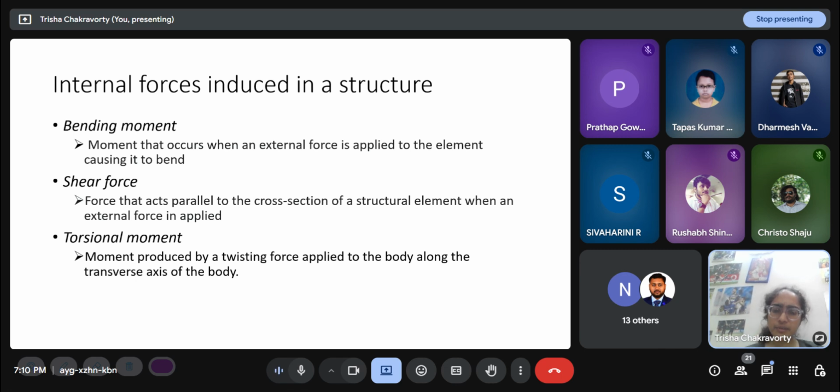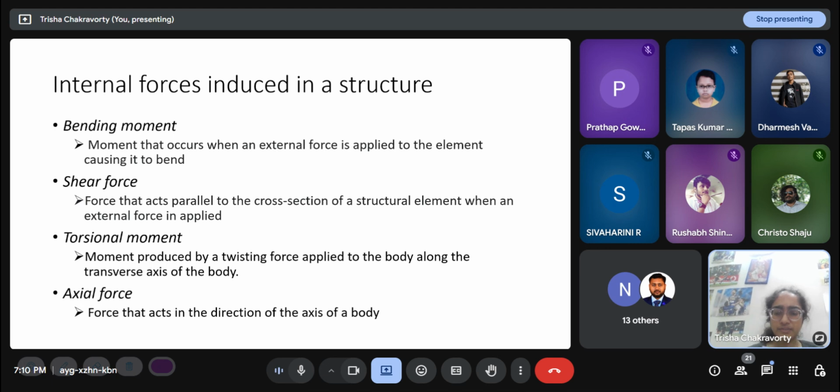Torsional moment is the moment produced by a twisting force applied to the body along the longitudinal axis. So this is my axis, and twisting forces of this sort. If I apply a moment like this, that is torsional moment, and the sense of the moment is like this. So it is along the axis of the body.